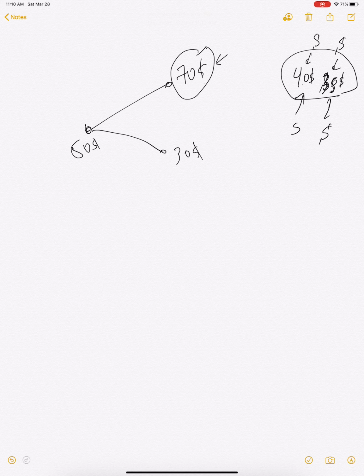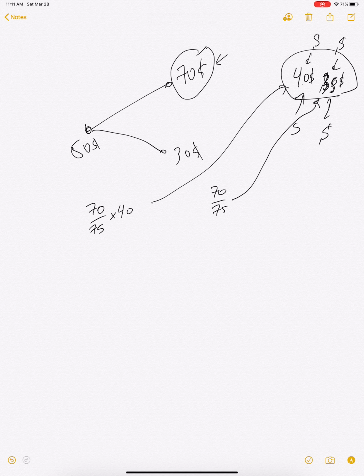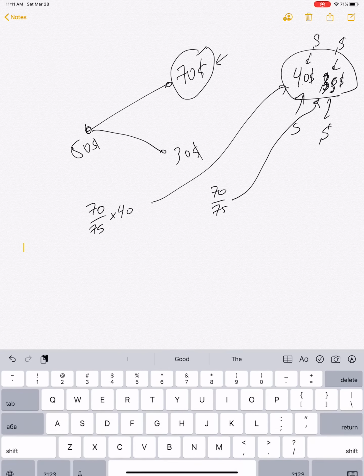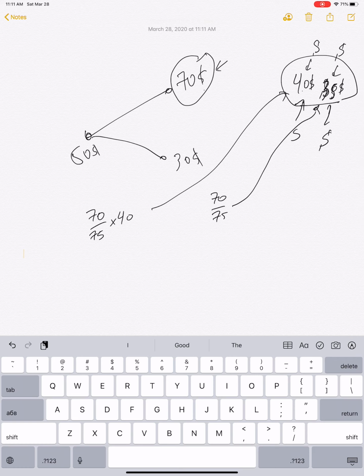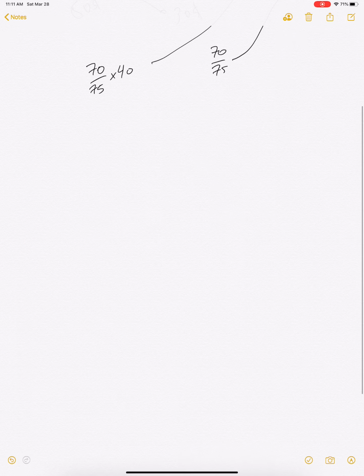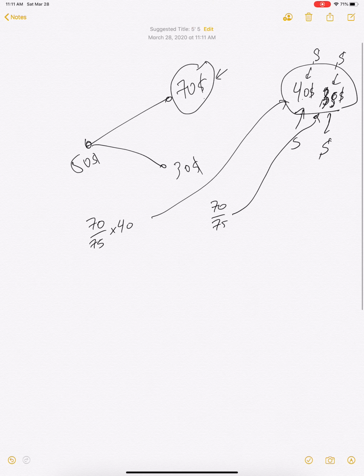So then it's going to be $70 divided by 75 times 40 for this debt, and for this debt, it's going to be 70 divided by 75 times $35. So in this case, you can see that I divide the value proportionally between the debts.